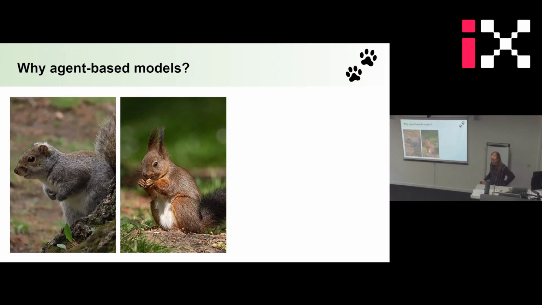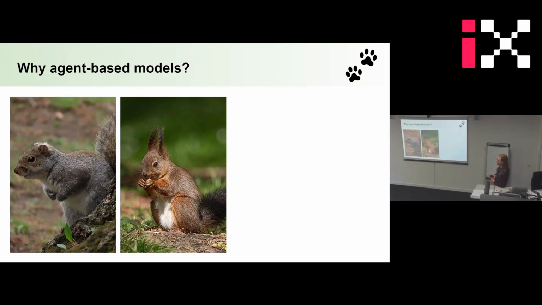Okay. Why agent-based models? Because maybe you would think, well, if I have a population of one animal and a population of another animal, couldn't I just use ordinary differential equations and look at the proportions of the animals instead, right? So the example here is with squirrels in Britain.